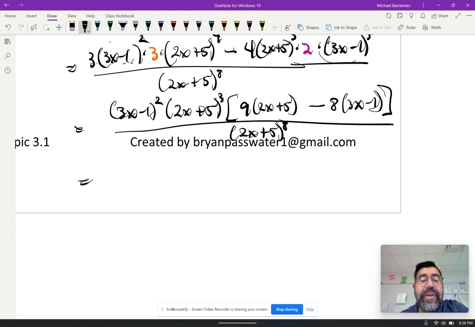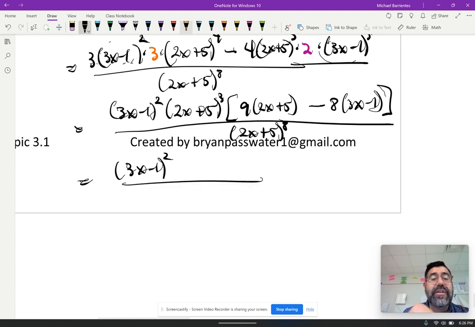Well, these three 2x plus 5s can reduce with 3 of these 8 2x plus 5s. So I'm going to say this is 3x minus 1 squared. These guys are going to be gone, and I'm going to have 5 left over on the bottom. Is that right?